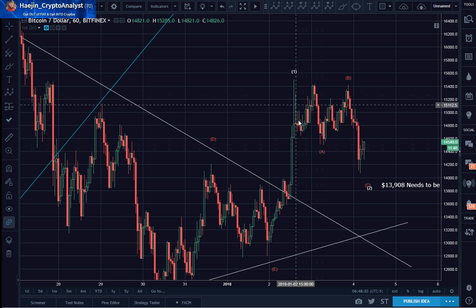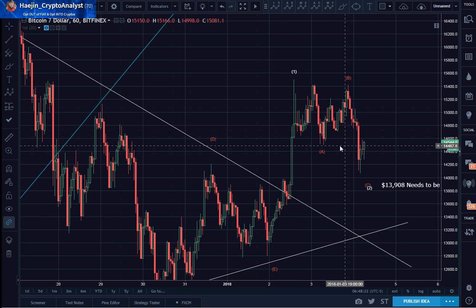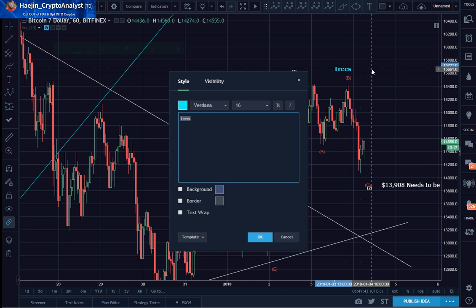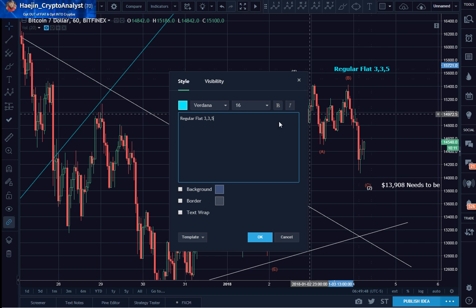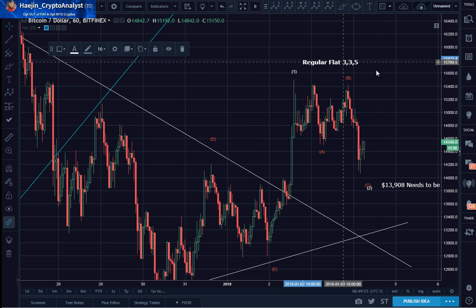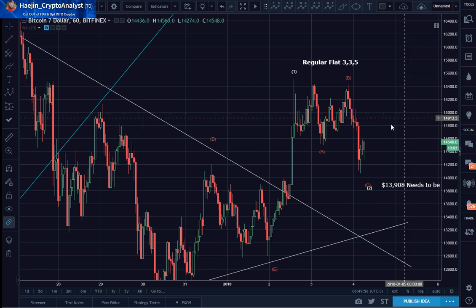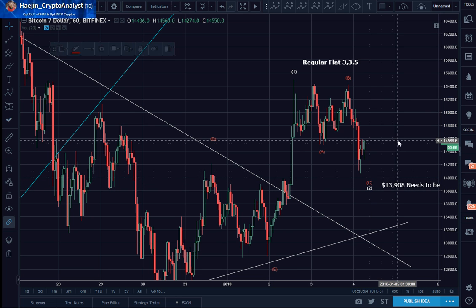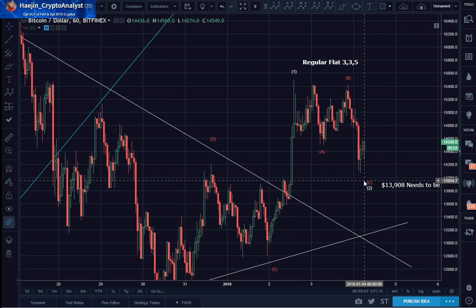So if A only has 3 waves, you can call this a regular flat. So instead of doing the triangle, it now wants to do a regular flat, ABC. So it's got 3, 3, 5.